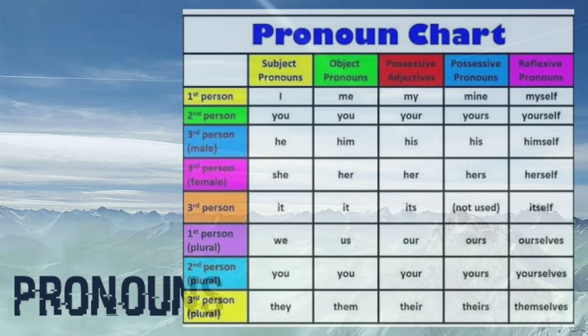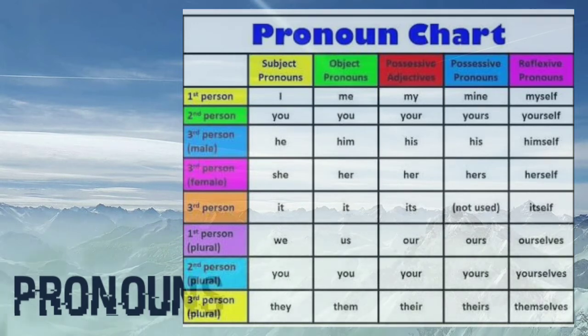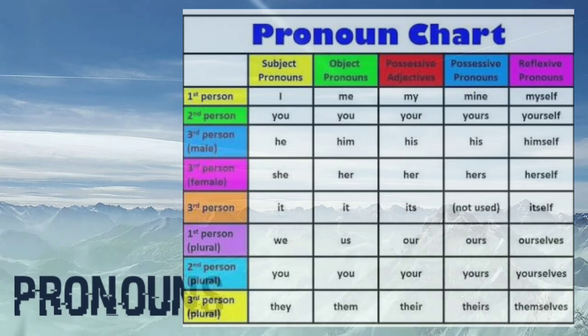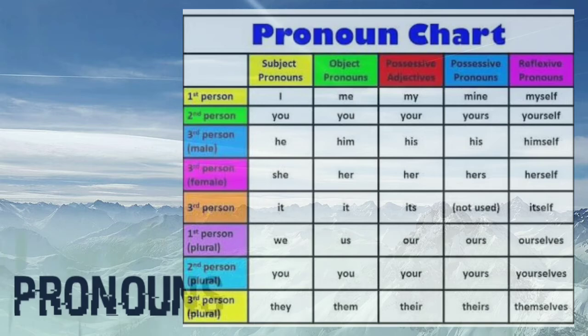So the subject pronouns are I, you, he, she, it, we, you, they. Now what is the meaning of subject pronoun? It means these are the pronouns that should be used in the place of subject. If you need any subject pronoun, you can choose any of these according to the person and according to the number.